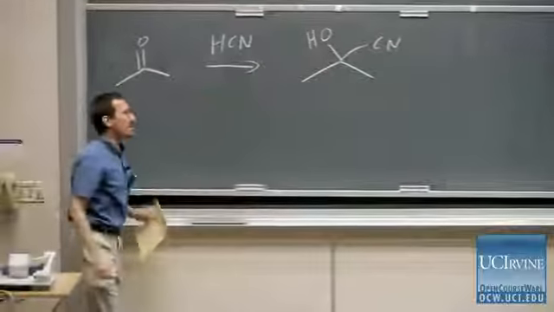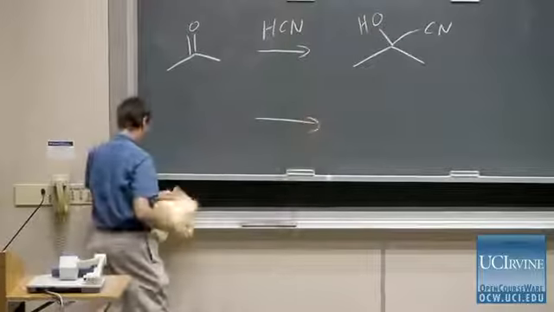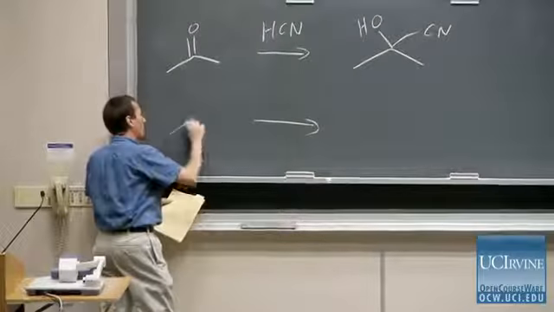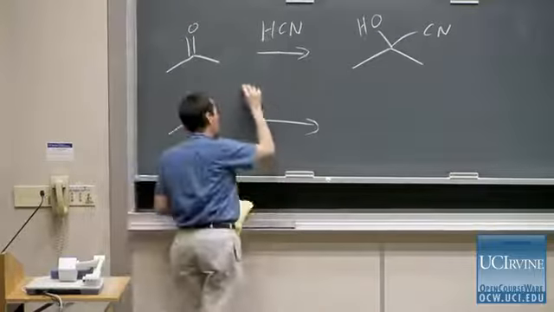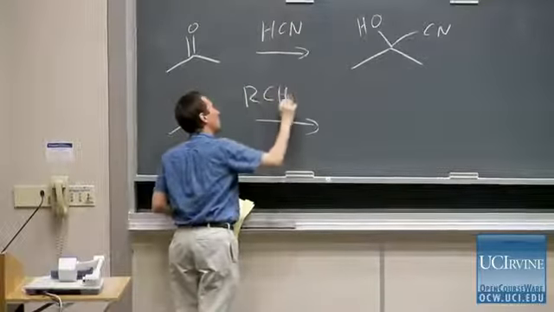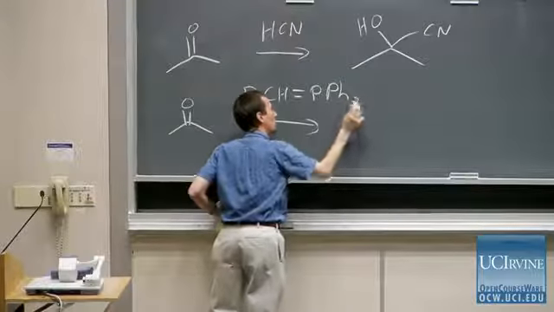And then the other reaction we talked about last time was the reaction of a Wittig reagent. And again, I'll just write a semi-generic Wittig reagent. I'll write RCH2 PPh3 double bonded.